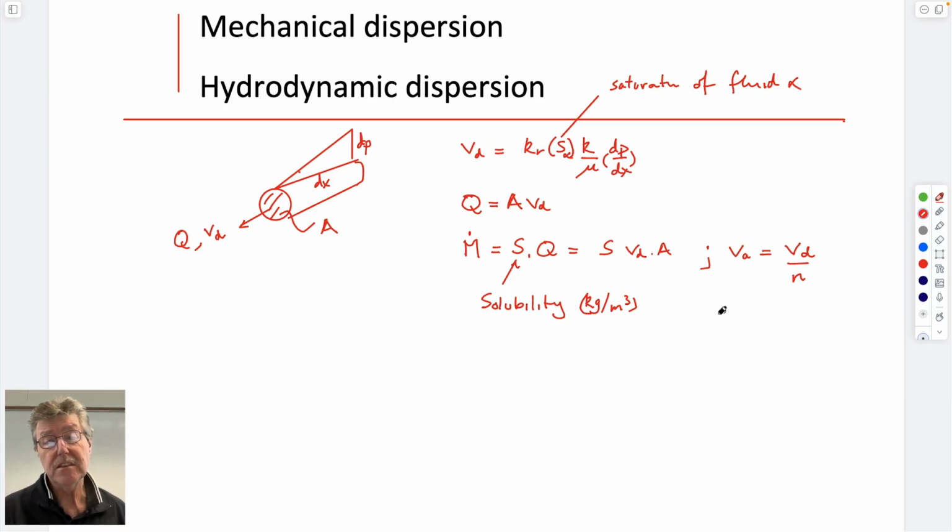And you could use this to calculate if velocity is equal to length over time, then the time taken to arrive would equal the length traveled divided by the advective velocity, or the length traveled would be equal to the product of advective velocity times time.